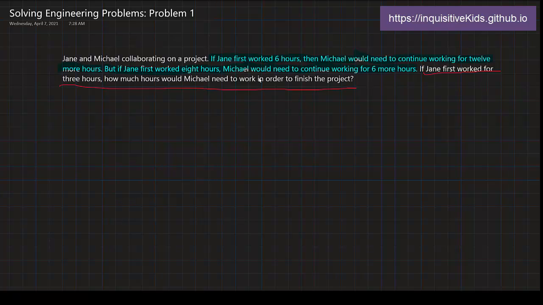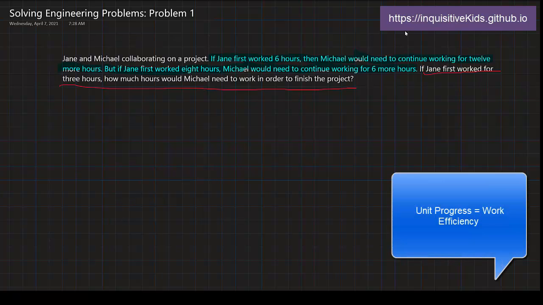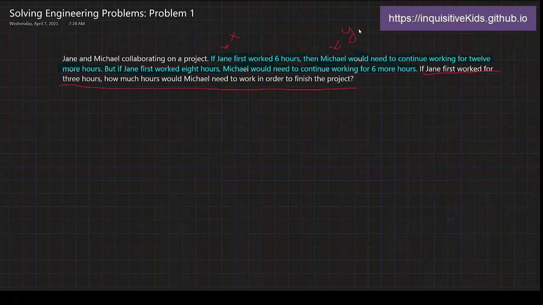So what equivalent values can we see from the first highlighted section? I'll read that part. If Jane first worked 6 hours, then Michael would need to continue working for 12 more hours. So yes, we can set X as Jane's unit progress and Y as Michael's unit progress.